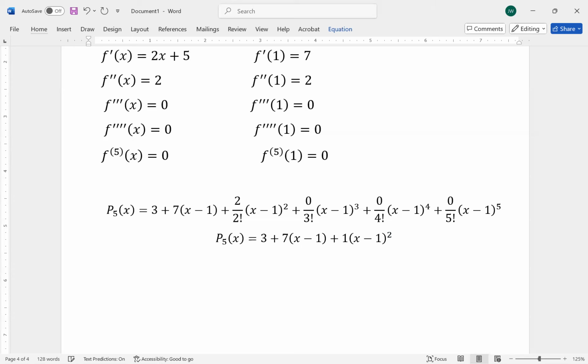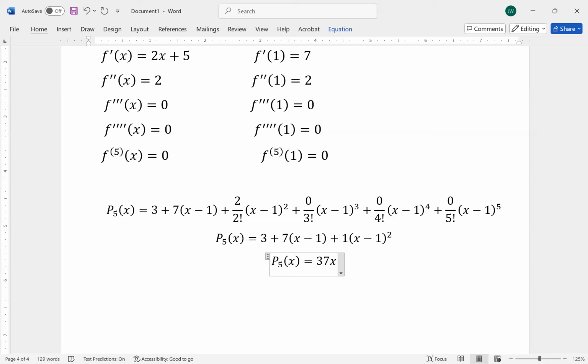I will save you a lot of the work there. This is how I would finish writing it in general, usually. But in this case, I'm going to expand it out just to show you what happens.